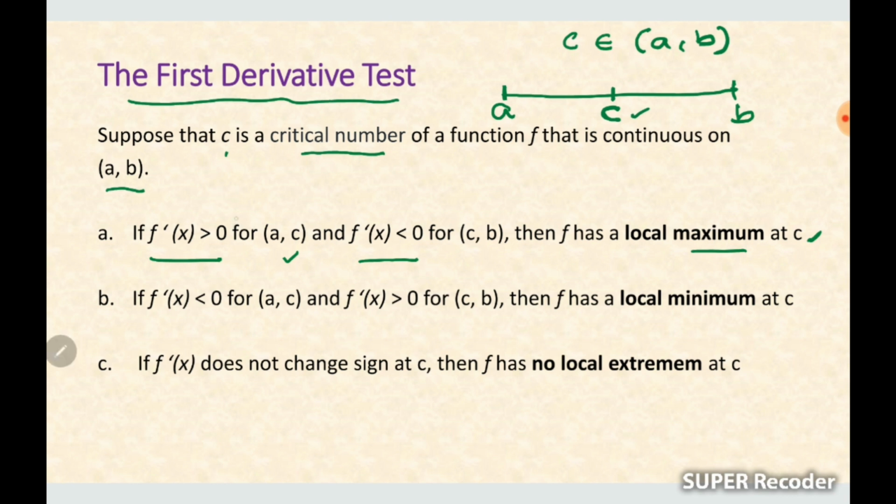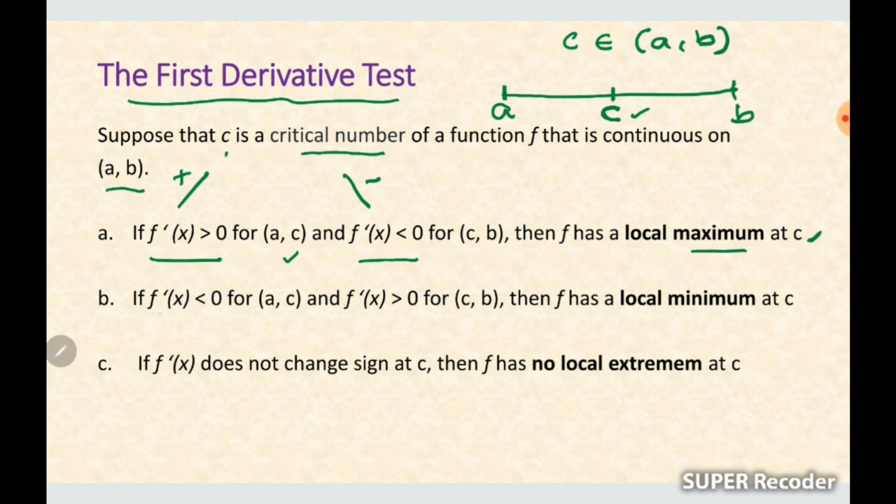So the gradient changes from positive slope to negative slope, so f has a local maximum at point C.